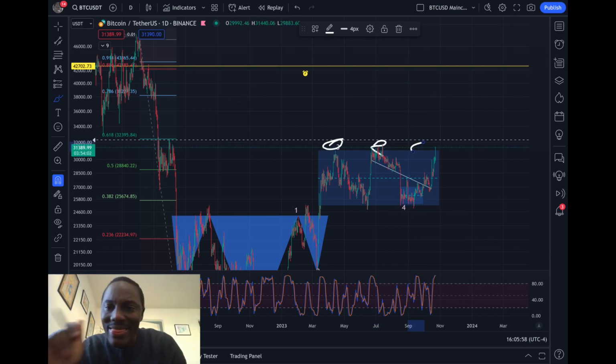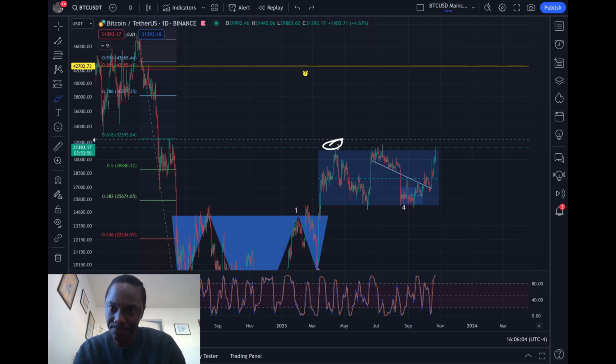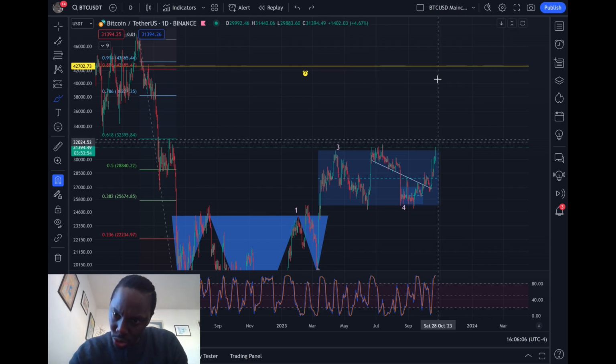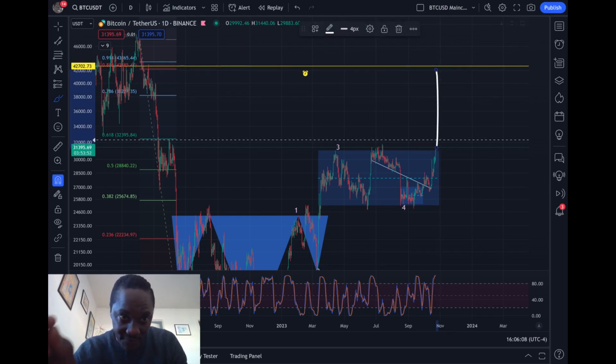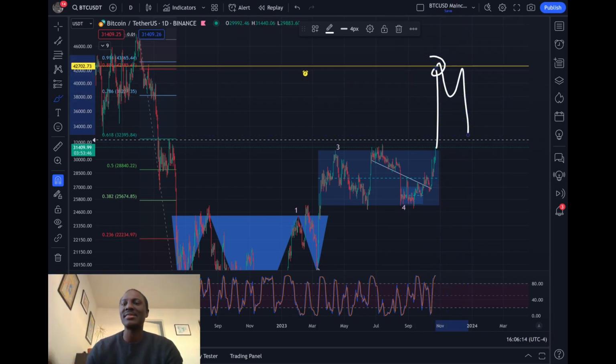So what I think, again, all probabilistic, with a high degree of probability, is going to happen is Bitcoin goes straight to 42K, right? 42.7 specifically, okay? And then what we're going to see on the full moon, right? Because we know in technical analysis, full moons represent market nadirs, local market bottoms.